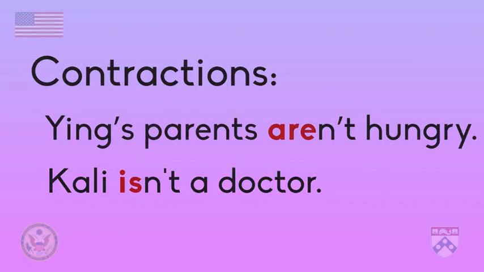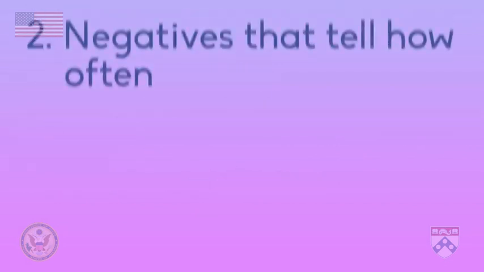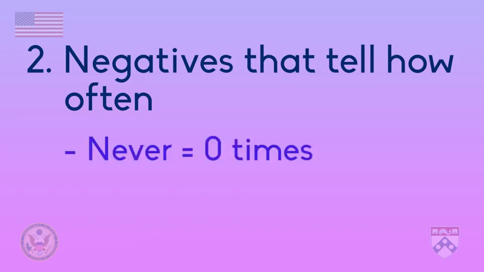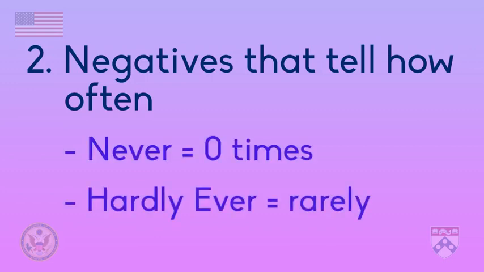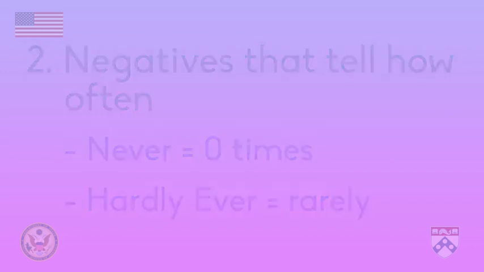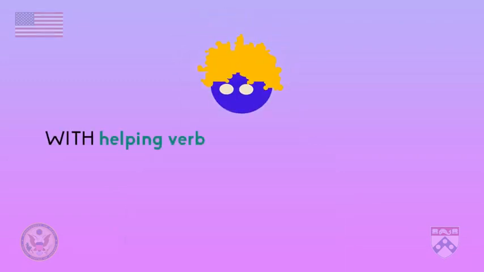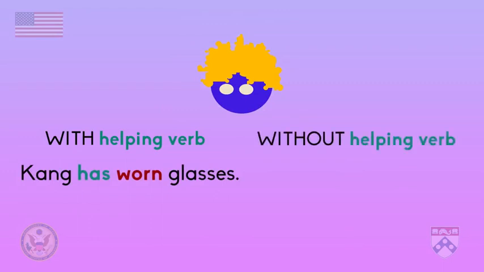Now let's talk about negatives that tell how often something happens. We'll talk about never, which means 0 times, and hardly ever, which means very infrequently or rarely. We can use these negatives with or without helping verbs. So we can take both of these sentences, Kang has worn glasses and Kang wears glasses, and add negatives that tell how often.